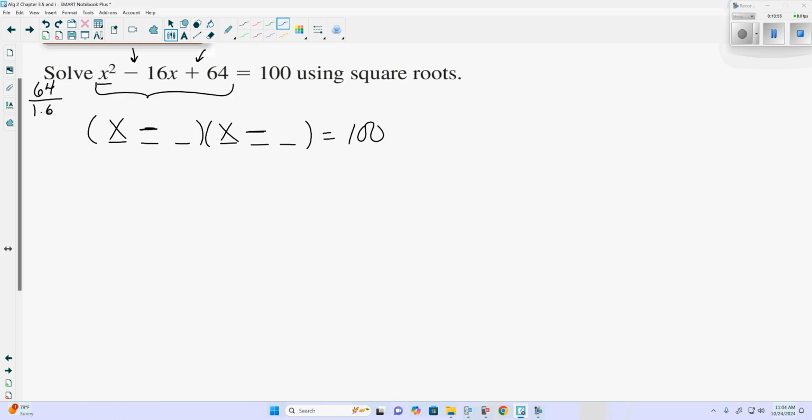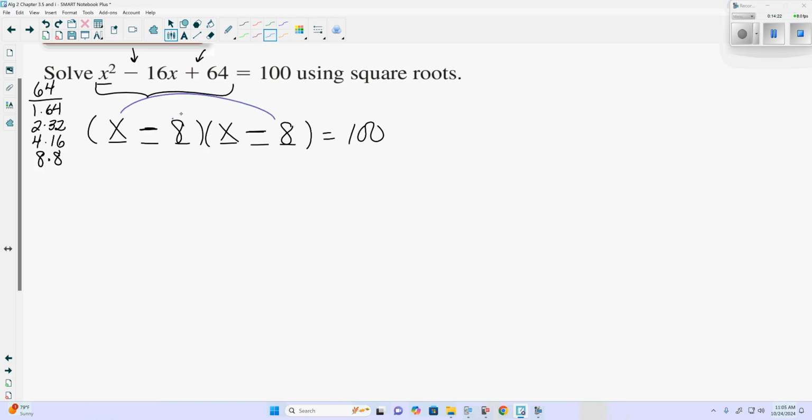Our factors of 64 are 1 and 64, 2 and 32. 3 does not work, but 4 and 16. 5 does not work, 6 doesn't work, 7 doesn't work, but 8 and 8 does.